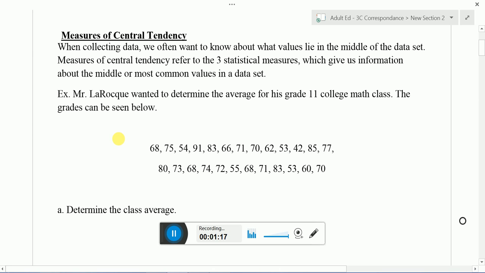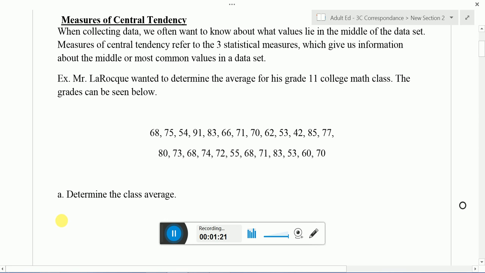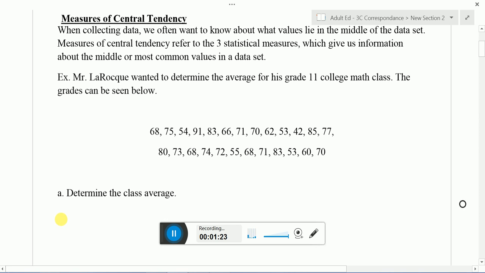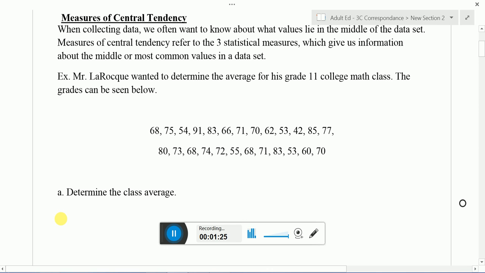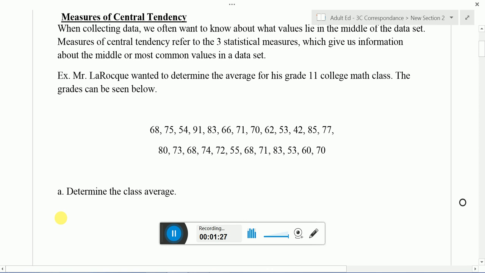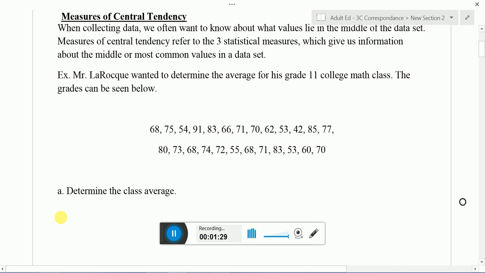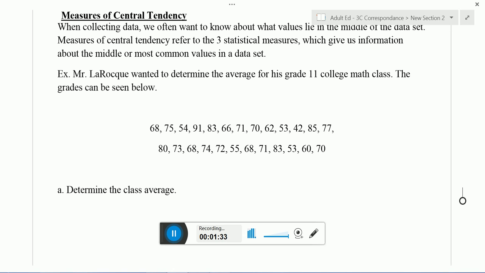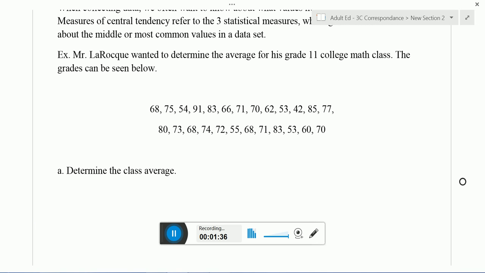Before we look at the three different measures of central tendency, we're going to look at one that we should all be familiar with, which is average. In the example for this, Mr. LaRock wanted to determine the average for his grade 11 college math class. The grades can be seen below. We want to determine what the class average is.